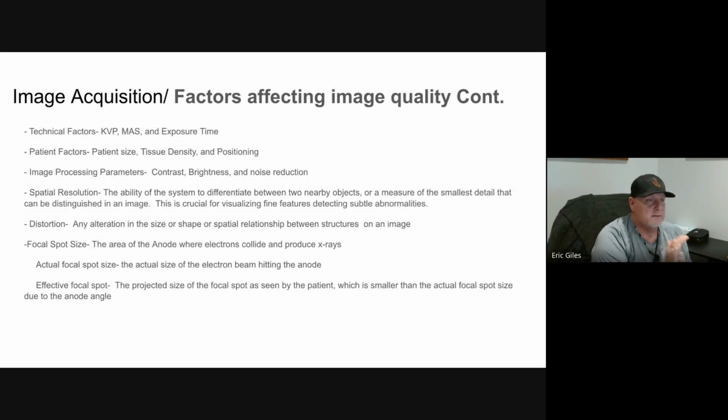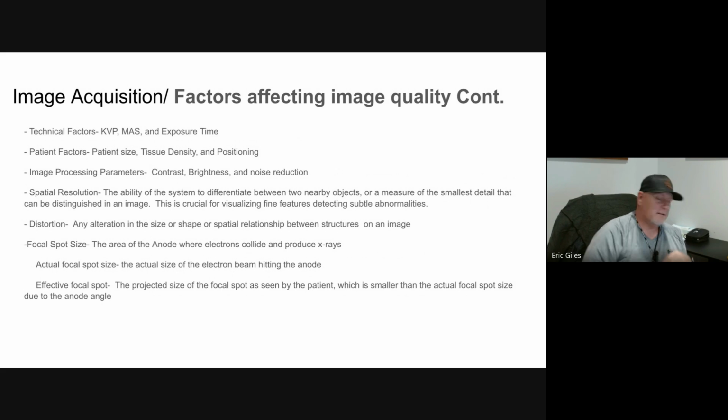So things that affect image quality continued. Technical factors, KVP, mass, exposure time, those all affect how your picture is going to look. Patient size, tissue density, and positioning as well have a huge impact on the way our images look.